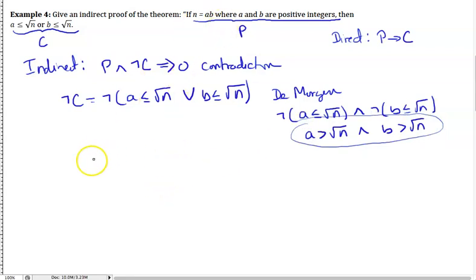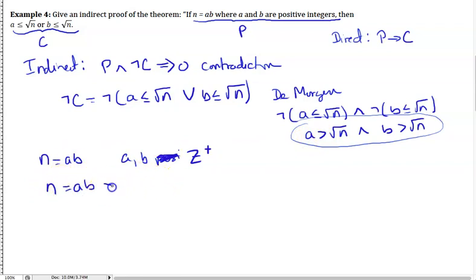So now we try to see if this will lead us into a contradiction. We have n equals ab, product of a and b, where a and b are positive integers, Z plus. So n is ab.